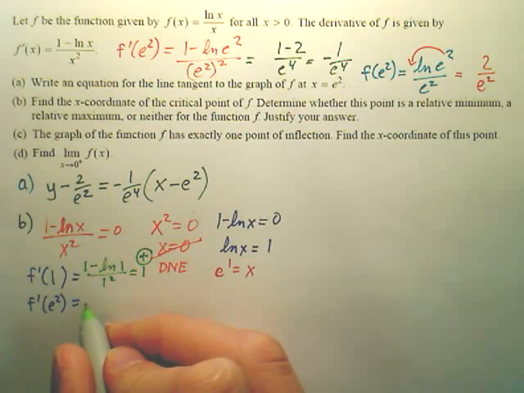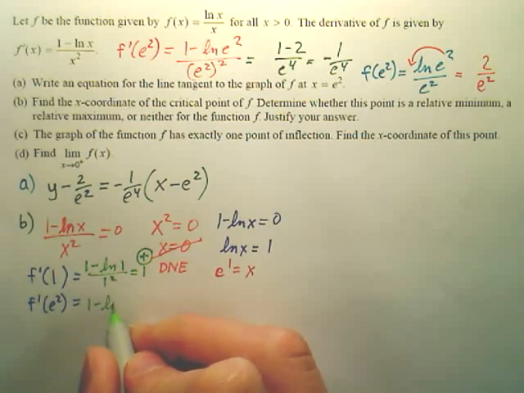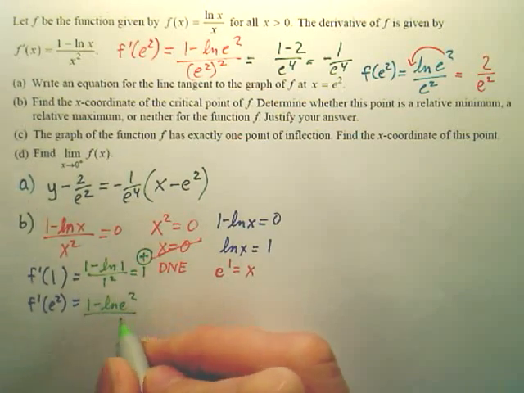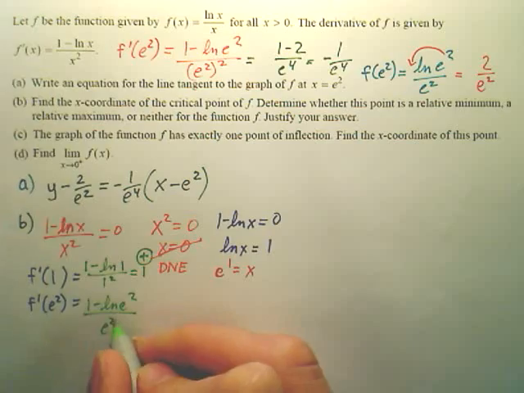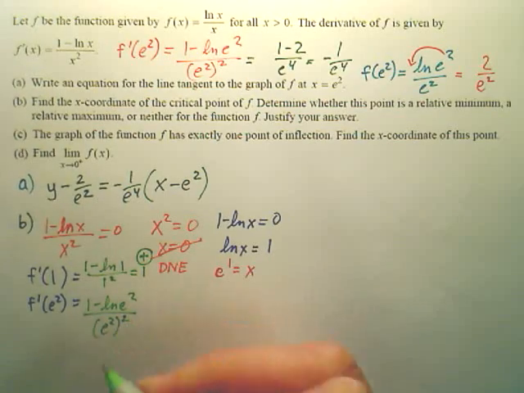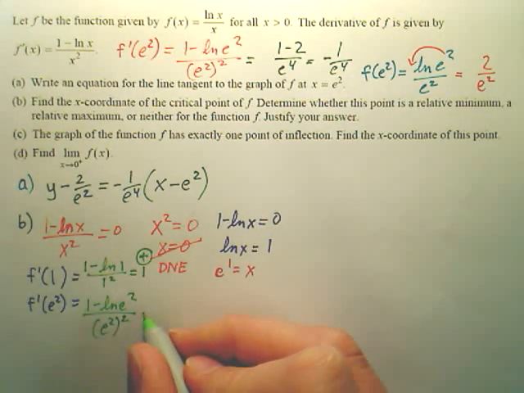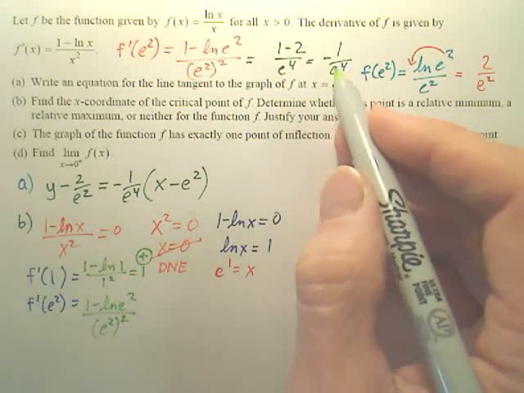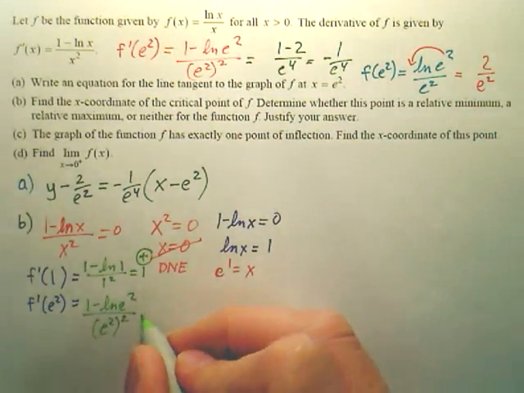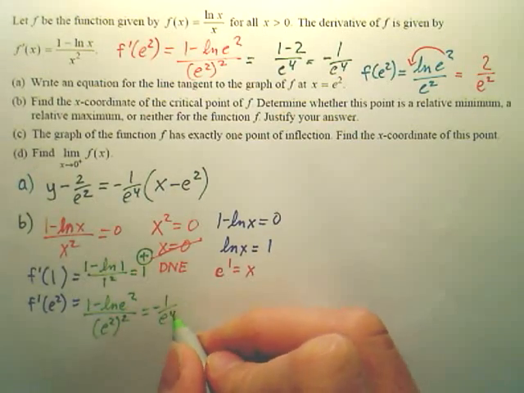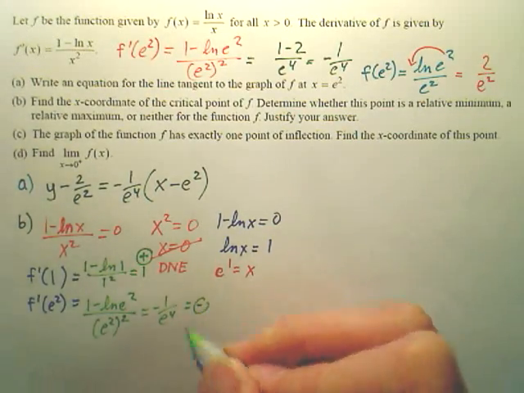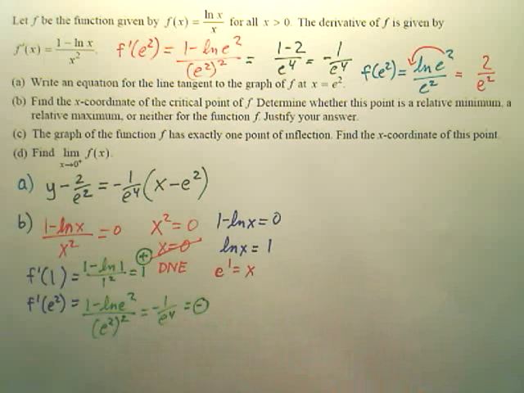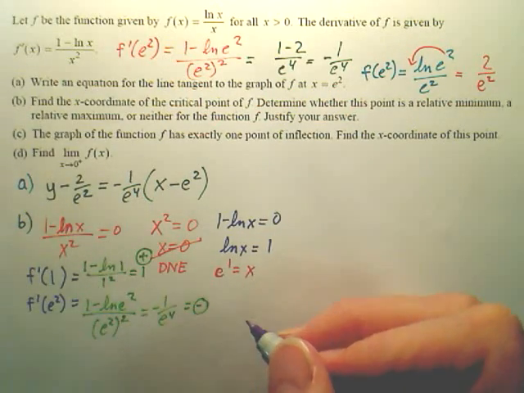And if we do this one, we get 1 minus ln e squared over e squared squared, which we already did right here, didn't we? Which is negative. So if we go from positive to negative, what is this?